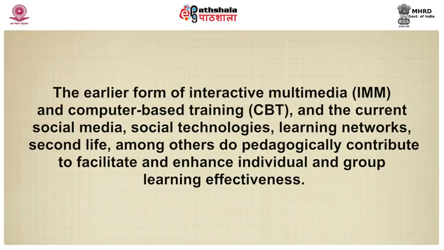The earlier form of interactive multimedia and computer-based training, CBT, and the current social media, social technologies, learning networks, Second Life, and many others, do pedagogically contribute to facilitate and enhance individual and group learning effectiveness.